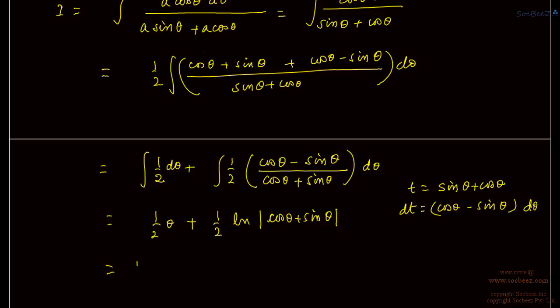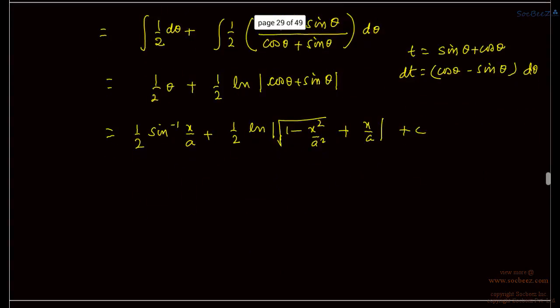So we have half theta, where theta is sin inverse x upon a, plus half ln of cos theta plus sin theta. We have substituted x as a sin theta, so sin theta is x by a and cos theta is root under 1 minus x square upon a square, plus x upon a, plus some constant c. Okay.